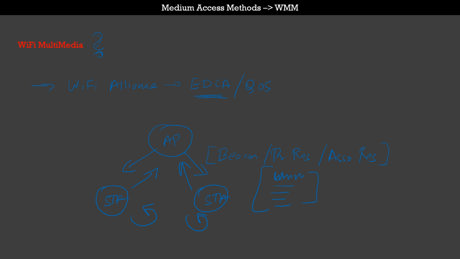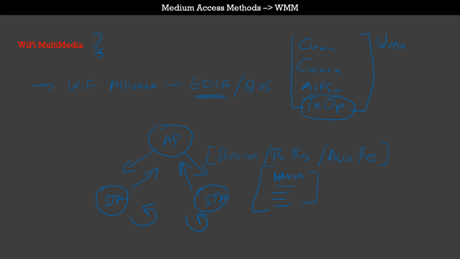What are the different parameters that one can see in the WMM information elements present in the beacons? You can see the value of CWmin that the AP wants the stations to use, the value of CWmax respective to every access category, the value of AIFSN, and also the TXOP that stations can use for these different access categories.